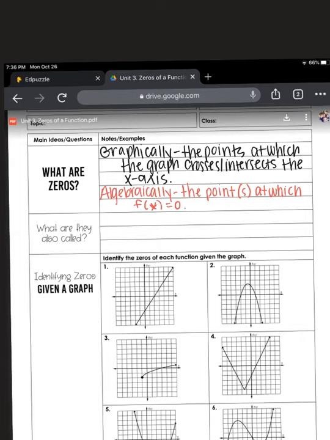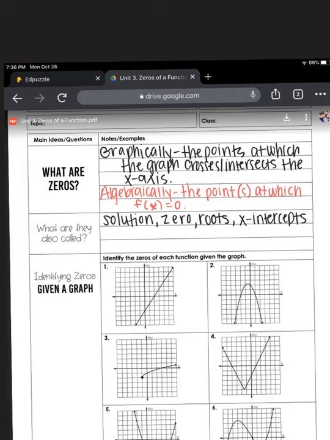A lot of times you'll hear us say, well, what is the solution to this problem? We could say solution, we could say 0, we could say roots, we could also call them x-intercepts. Basically, when we're saying get x by itself, when we're solving, we're finding the zeros.